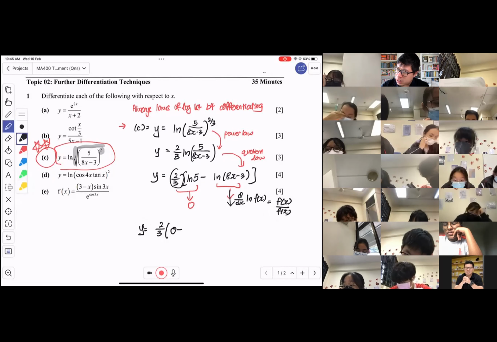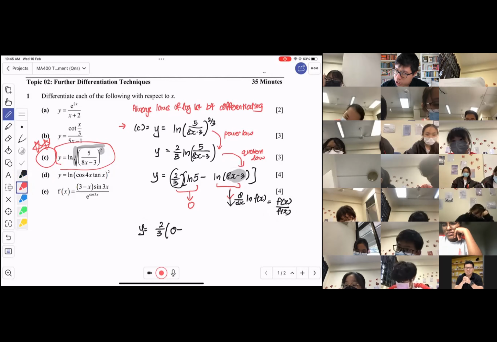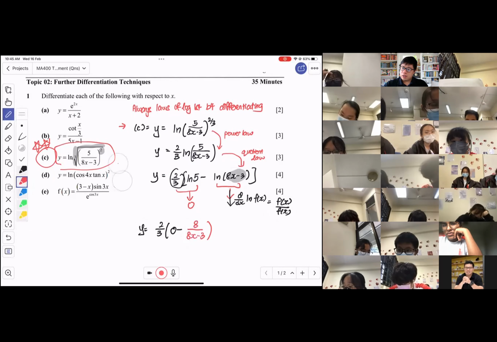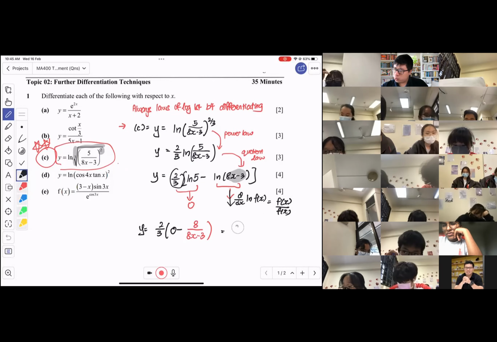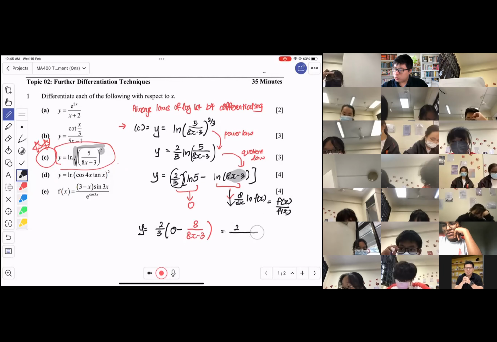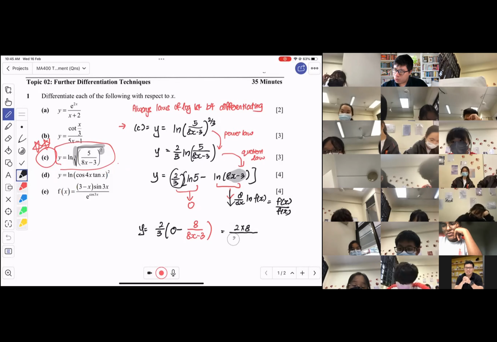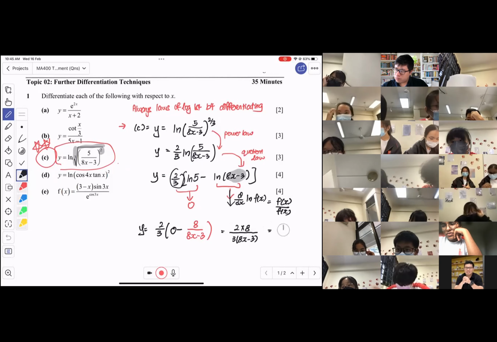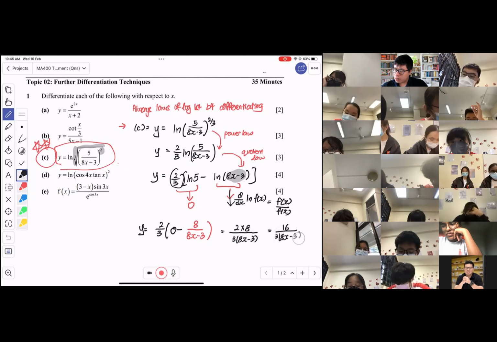If we consider this as our f(x), then f prime will just be 8 over 8x minus 3. Remember, this is f prime over f(x). Final answer, you will have 2/3 times 8 over 8x minus 3, which is finally 16 over 3 of 8x minus 3.